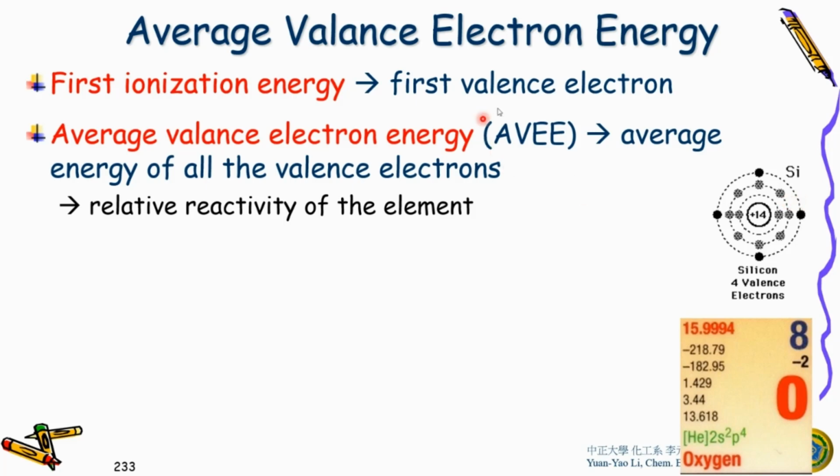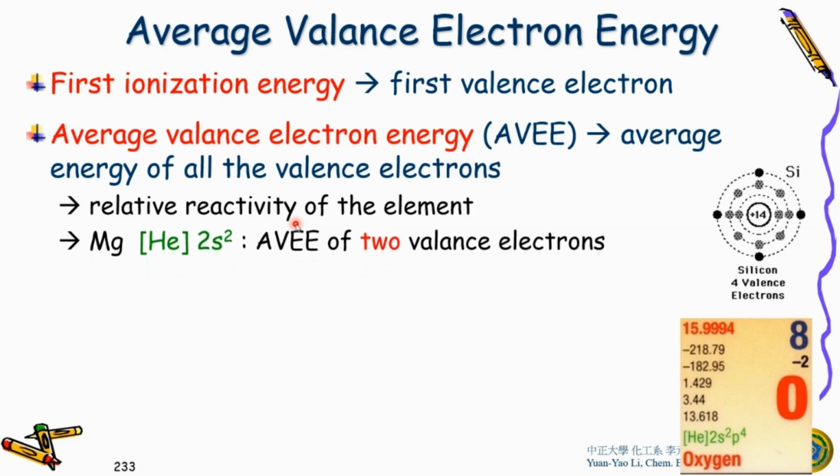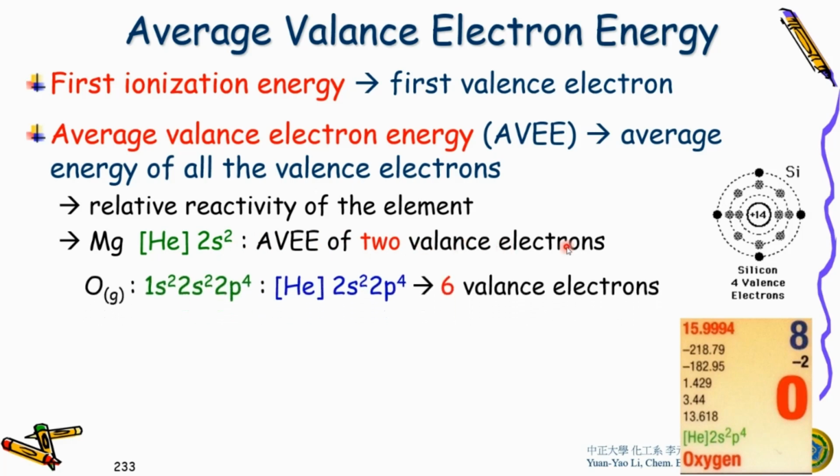So this energy is related to the reactivity of the element. Okay, for example, for magnesium, there are 2 valence electrons in the 2s orbital. The AVEE of these 2 valence electrons is defined like this.